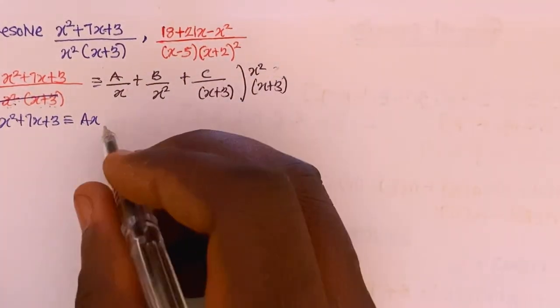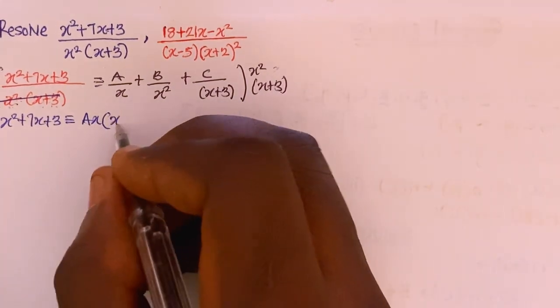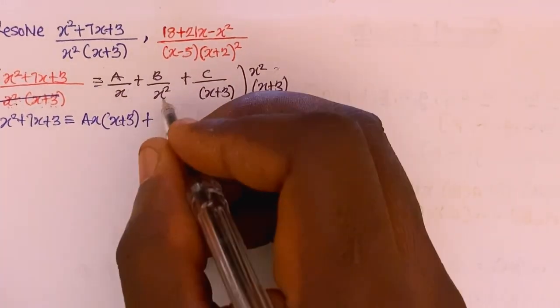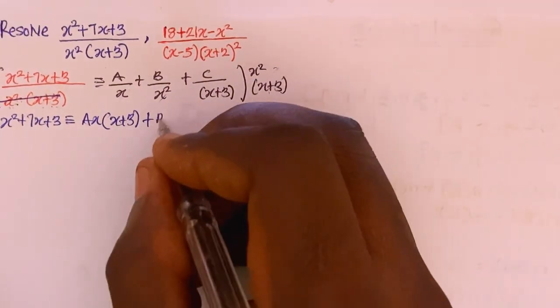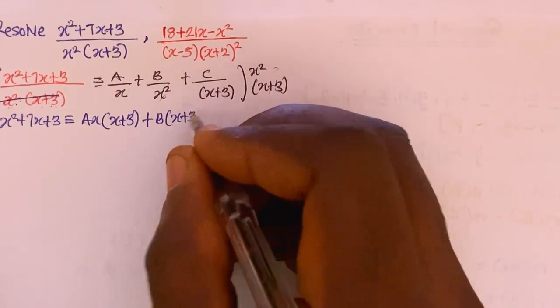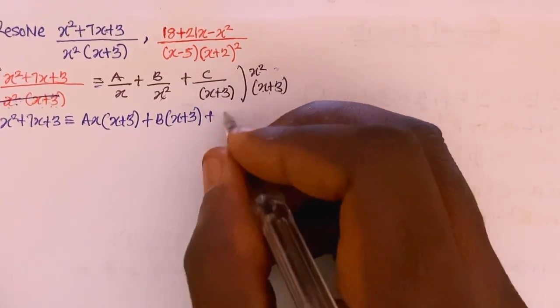Then A multiplied by x is Ax, then into brackets, I'm going to have it multiplied by this x plus 3 again. Then plus B, since x squared is going to cancel x squared, then I'm going to have B multiplied by this, which is B into bracket x plus 3. Then after that, this will cancel this, then I'm going to have C multiplied by this, which is plus Cx squared.